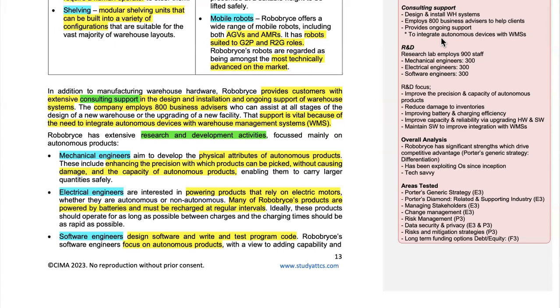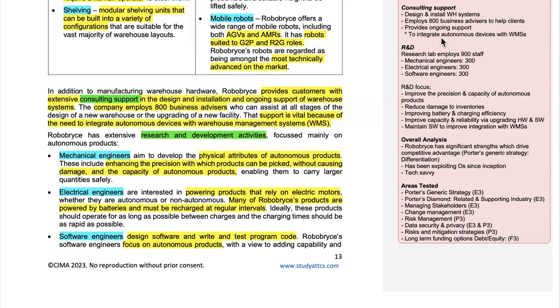So with the intention of helping clients integrate the autonomous devices which we produce with their own warehouse management systems, we have 800 business advisors. This shows how customer centered we are.